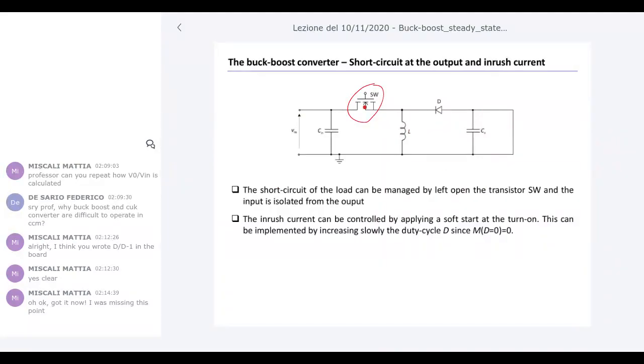Inrush current, the same. At the turn-on of your buck-boost converter, a large amount of charge is provided by the input source to charge this capacitor, which is discharged, with zero voltage across it, in order to increase its voltage to, say, the standard output voltage. Okay, so that means that you can have, for a very short time interval at the beginning, at the turn-on of your buck-boost, a very huge current.